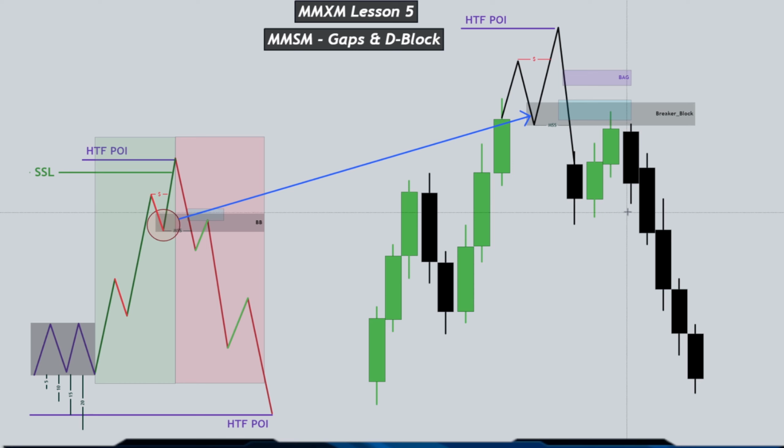So in this case, let's say I have a breaker block, which is my first level of defense. I have another fair value gap aligning with the breaker block, that can be a second level of defense. So I have two levels of defense before market can reach that gap. So that way I can expect this gap to be a breakaway gap, but there is nothing wrong for price to go there and trade into that gap.